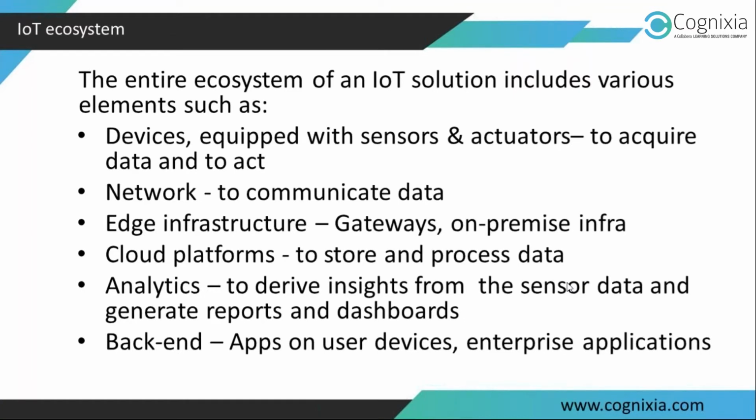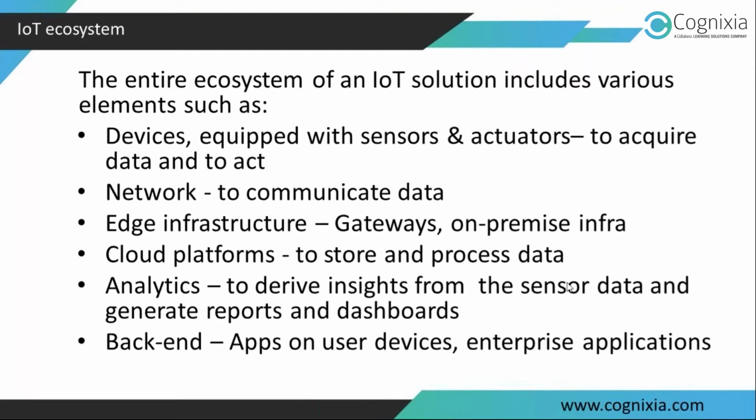At the end, you will find a component, which is obviously either applications running on user devices or enterprise applications running at remote locations. Right, so we call them backend applications, and these backend applications have to be connected to cloud platforms.